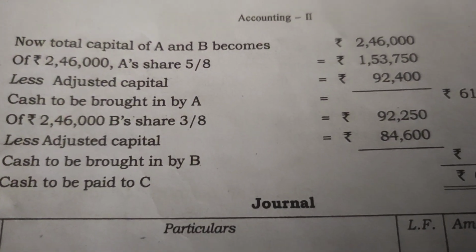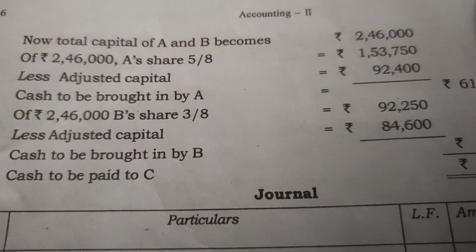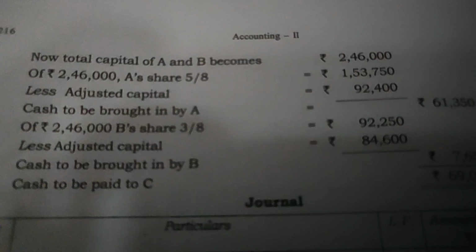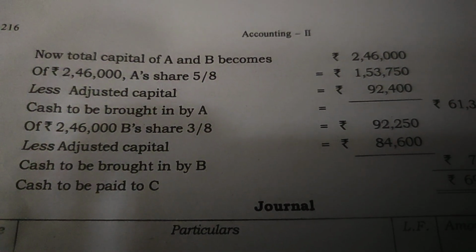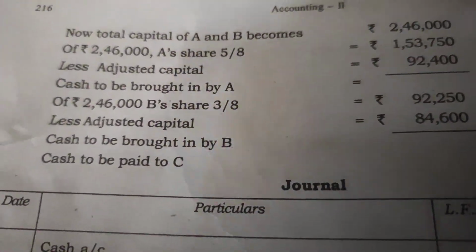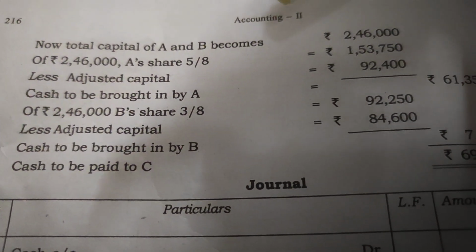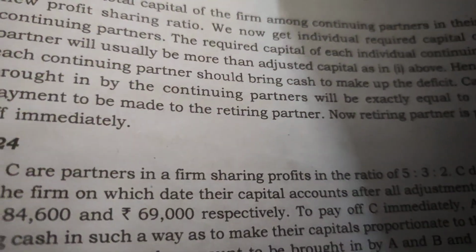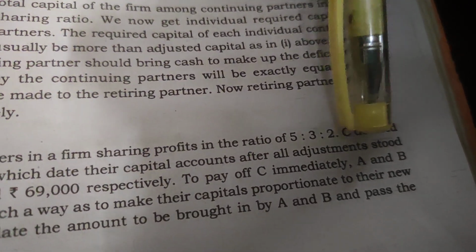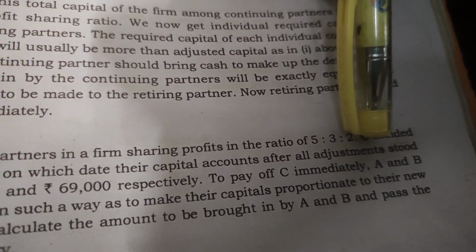Now, the total capital of A and B becomes 2,46,000, that we have already calculated. Of 2,46,000, A's share will be 5/8. We have already been given in the question that the profit sharing ratio is 5:3:2. 2 relates to the ratio of C, so that will be excluded.